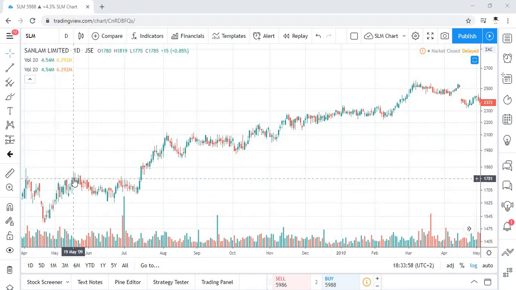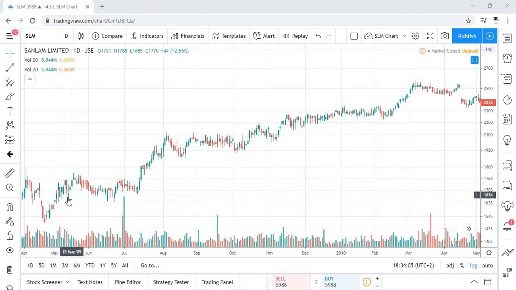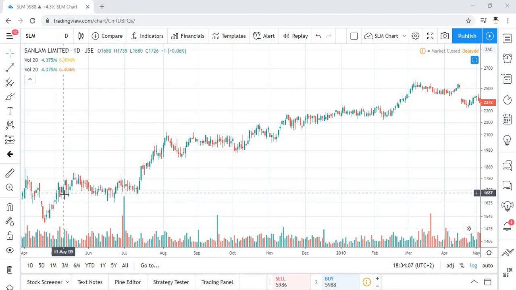So we would want to start at this range here, from this point here. We can say that the price entered this range, because if I put the dotted line around this point here, we can say the share entered this range on the 8th of May 2009.